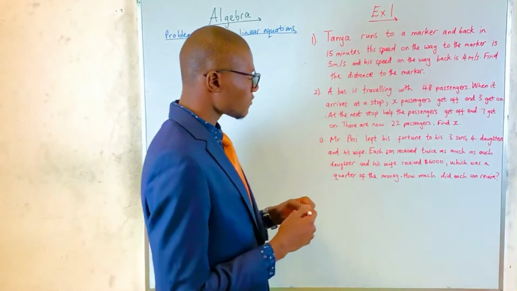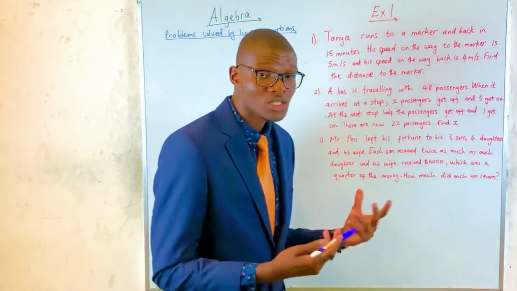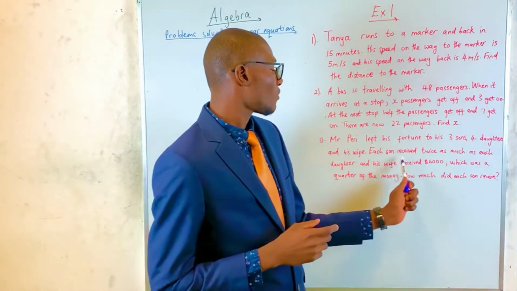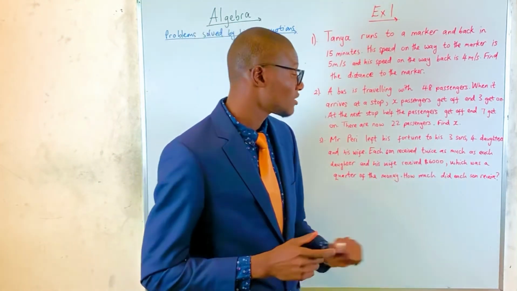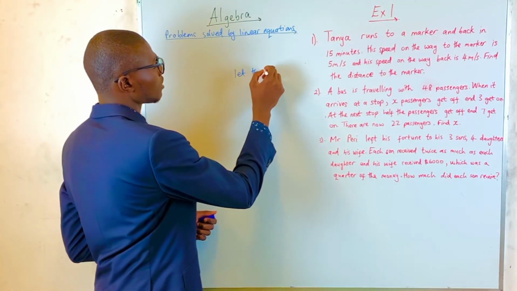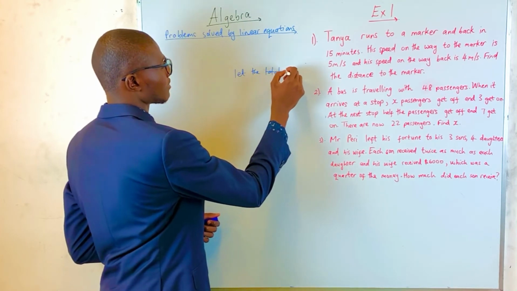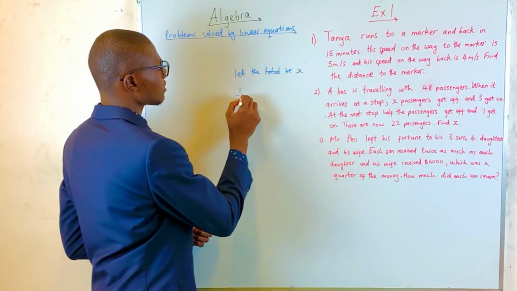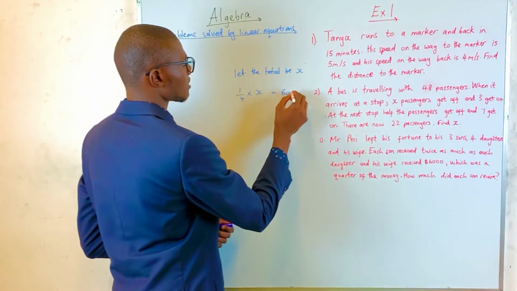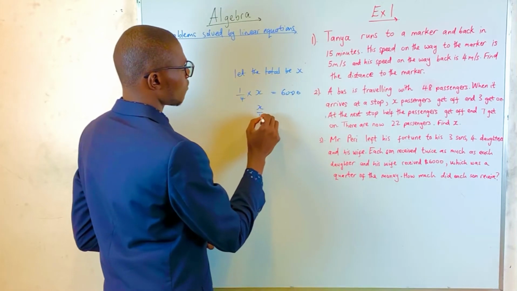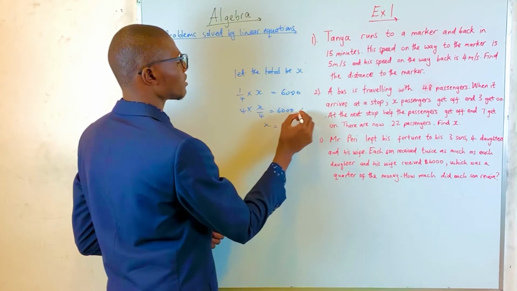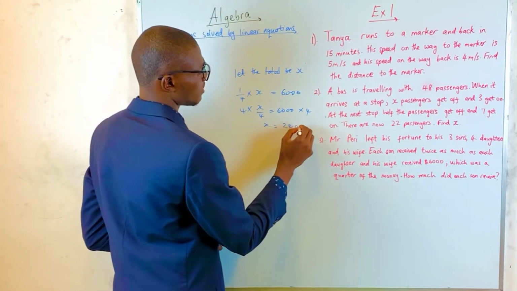So, first of all, we have to figure out the total amount of money that was left behind. So if the wife received $6,000, which was a quarter of the money, we can say let the total be x, right? Such that a quarter of x should give us what the wife got, which is 6,000. So x over 4 being equal to 6,000. x will simply be equal to, you multiply both sides by 4, that's 24,000.